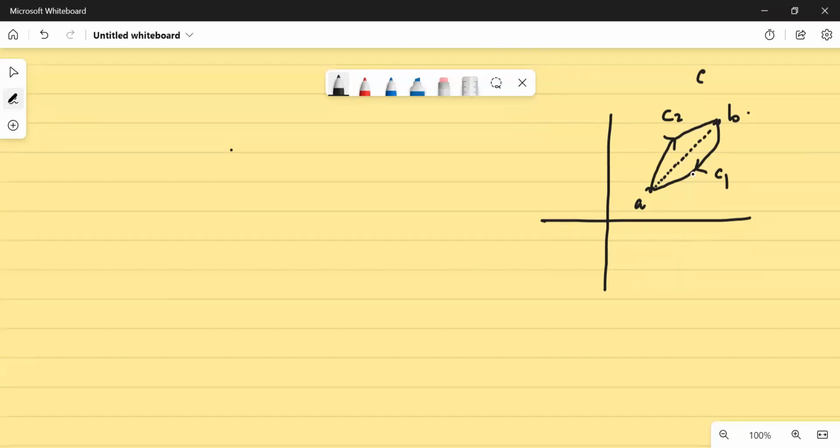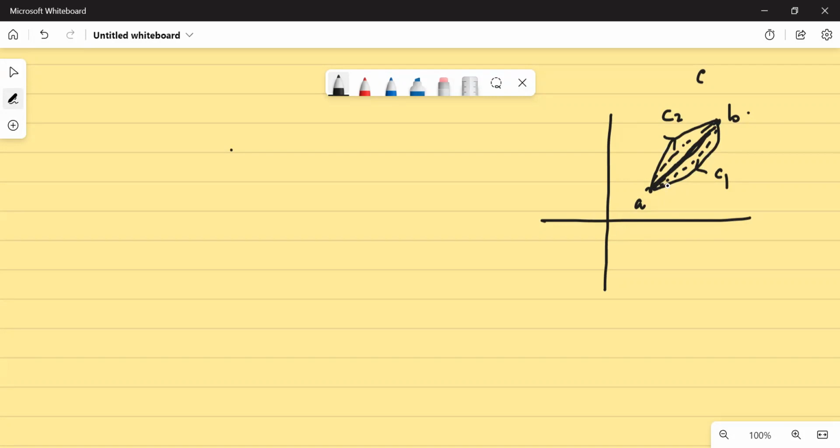Either you go this fashion, or you simply try to deform your C1 to a line, C2 to a line, and eventually you'll end up with a single line. Are you getting my point? And this particular integration means the same thing.